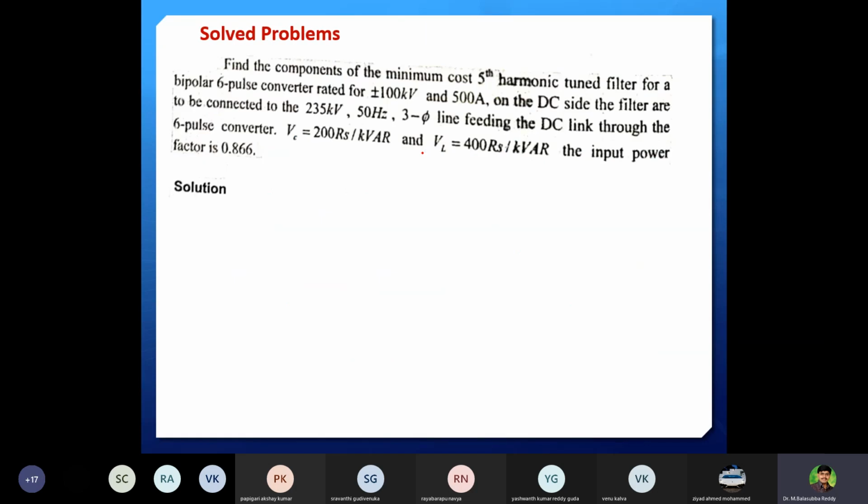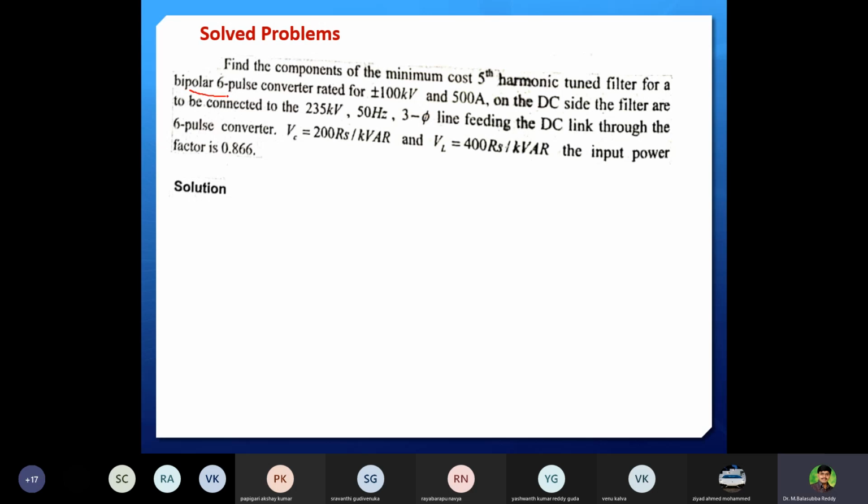And a small problem: designing a minimum cost filter. We can see the components of a minimum cost fifth harmonic tuned filter. So what it means is I need to find the capacitor value, inductor value, all these things, and you need to design that. The order I want to suppress is the fifth order harmonic.